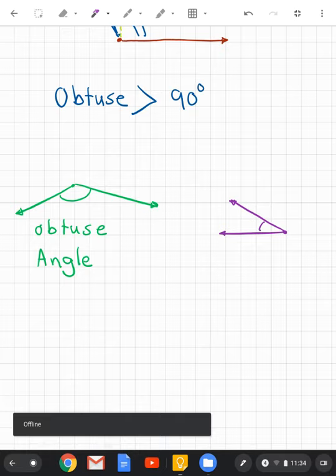What about this angle? This angle is, yes, acute angle.